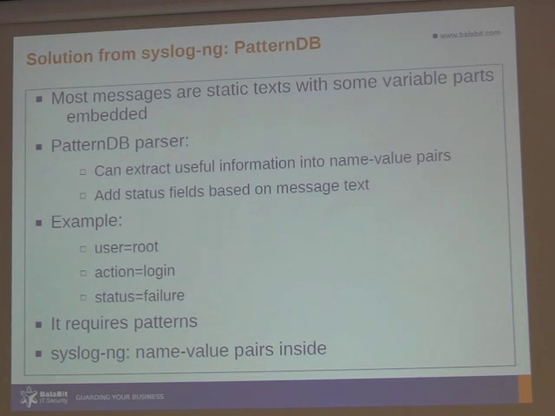For example, it's a login failure. Of course, it doesn't work without patterns, and we have some, but not yet for all of the applications and all of the log messages.